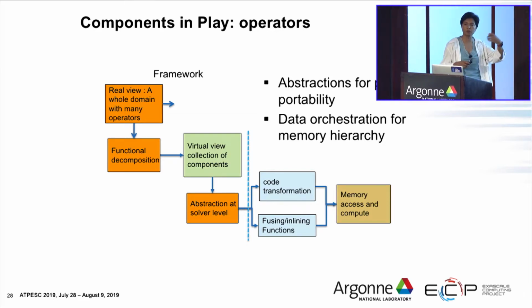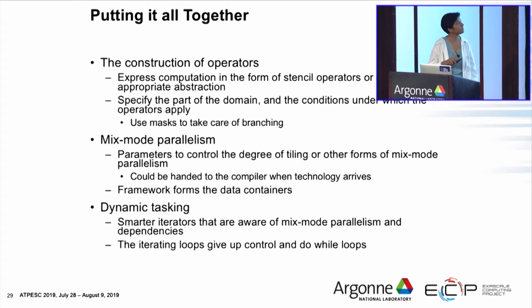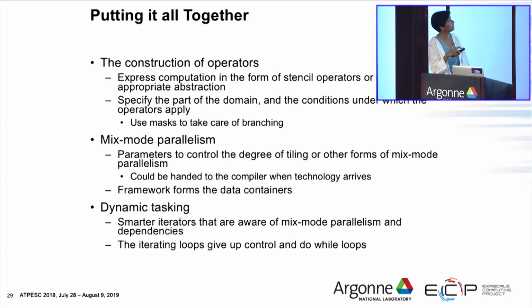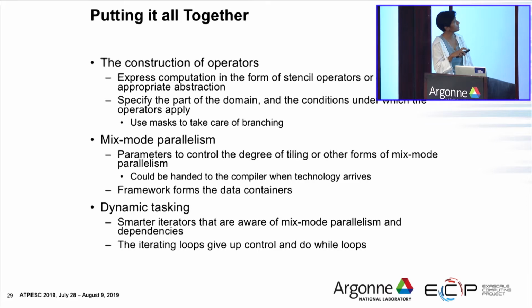So the way we are planning to do it is we construct the operators in form of appropriate abstraction. We specify part of the domain and condition under which these operators apply.